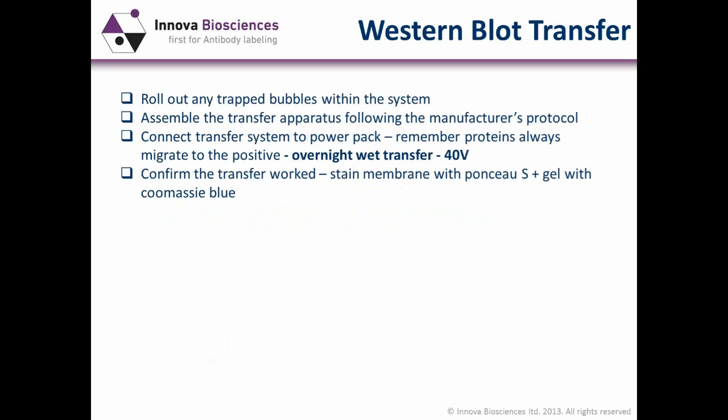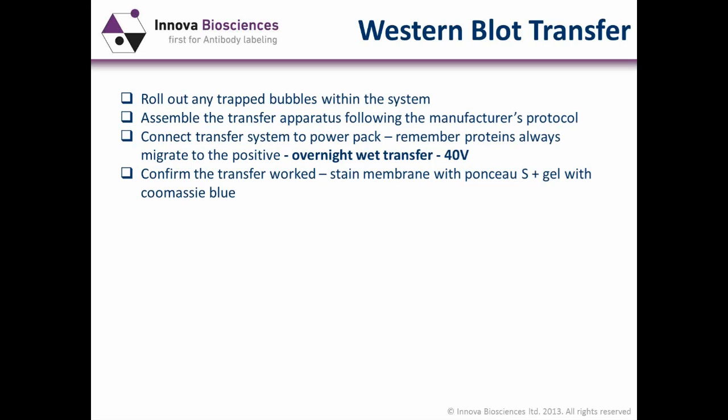One thing I commonly saw with people is that they would not roll out any trapped bubbles within the system. You would have a bubble between the membrane and the gel, and obviously you're not going to get efficient transfer because the membrane is not in contact with the gel.